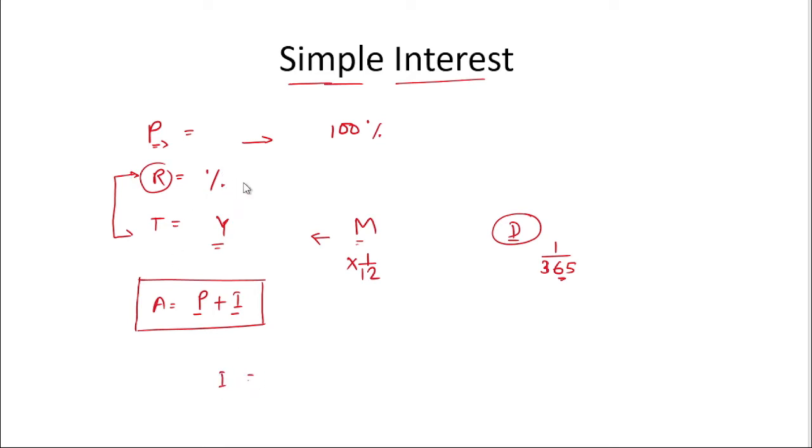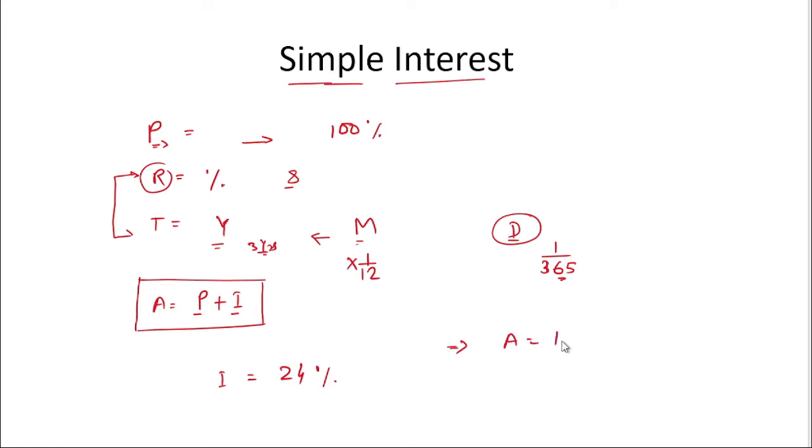Here, if we assume the rate of interest is 8% and the time is 3 years, then the interest will be 8 multiplied by 3, that is 24%.